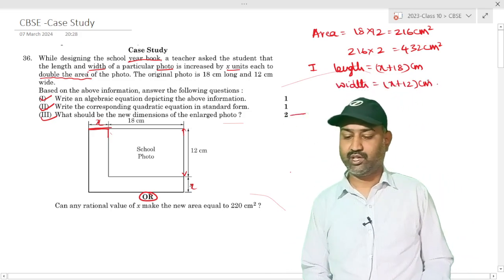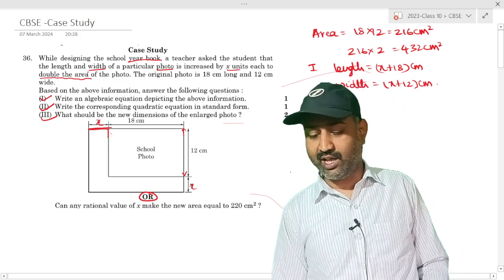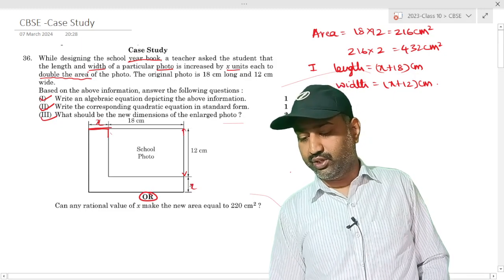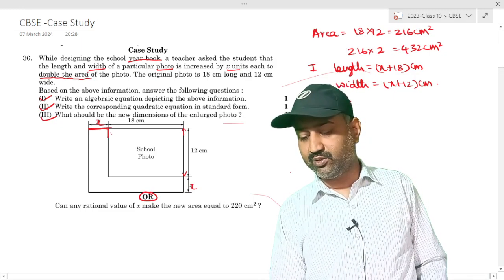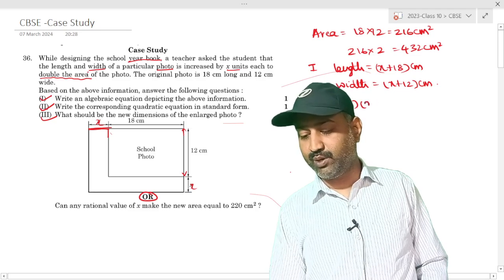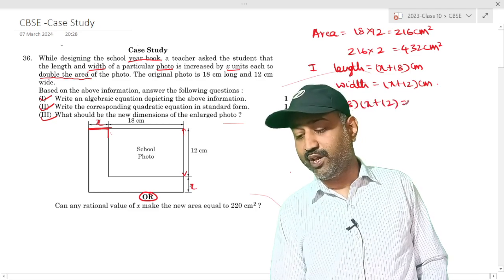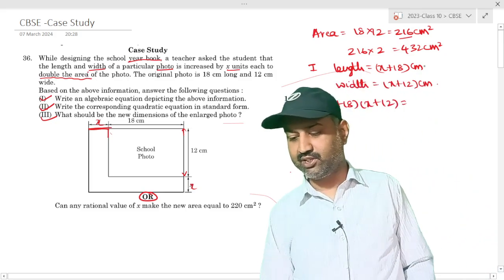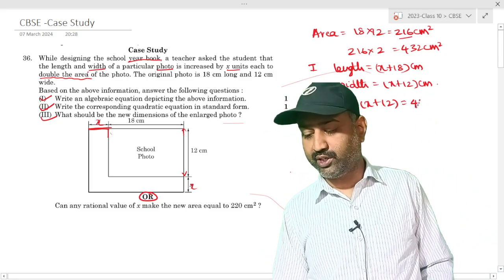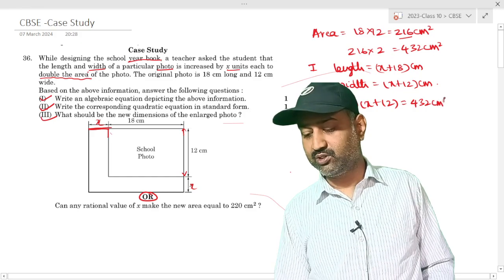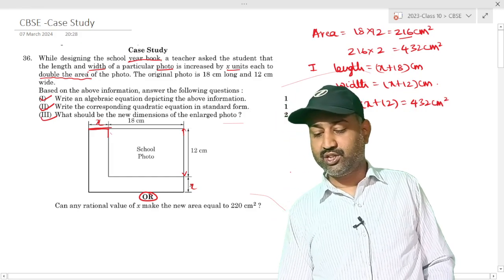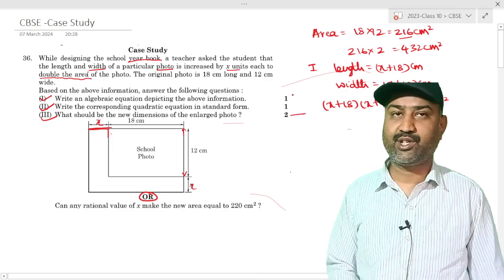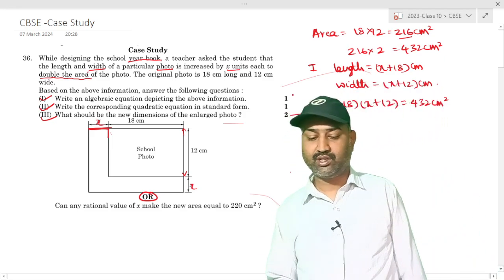Therefore area can be written as length into width. The length is x plus 18 and the width is x plus 12, and the area will not be 216 but double, because the area is doubled when the length is increased. Therefore, it is 432 centimeter square. This is your first equation, the algebraic equation you have to write.